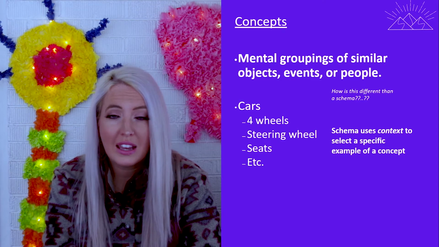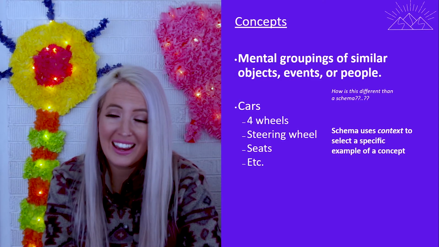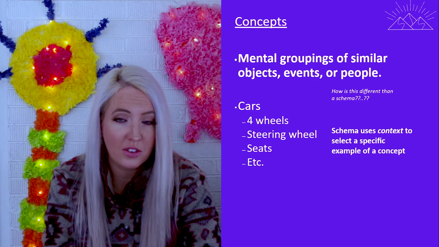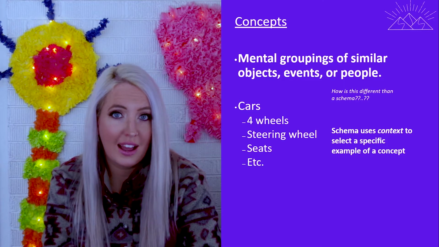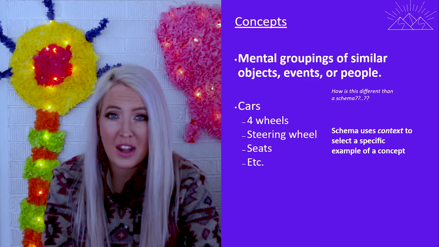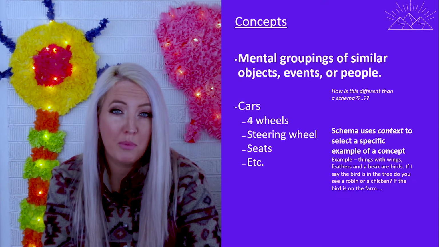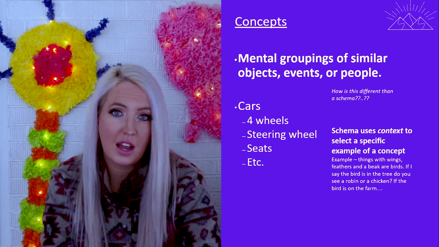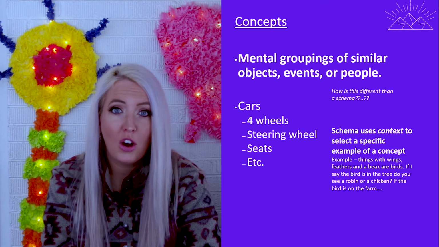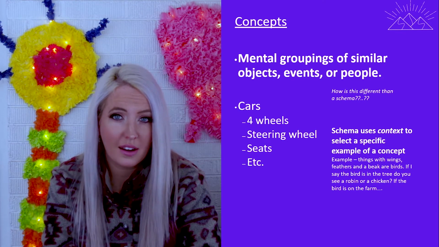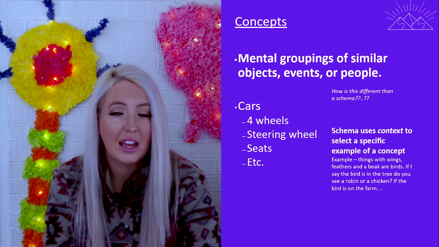So if we are filling in a gap of our memory of what kind of car we saw parked on our street this morning, we might use the context of what most of our neighbors' cars look like to fill in that gap of what the car most likely looked like that was parked on your street. But a car in general, our ability to identify it is based on a concept.